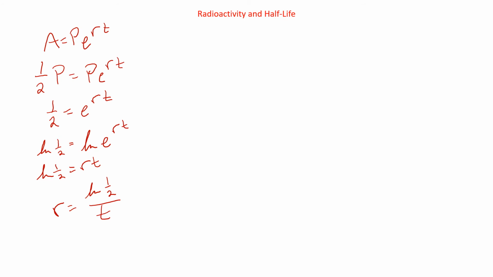You can remember this, or you can actually go through those solving steps. I generally go through the solving steps, not showing every single one of those steps. When I'm doing a problem like this, I'm just like, all right, well, I know that 1/2 equals e to the rt, so natural log, and divide.